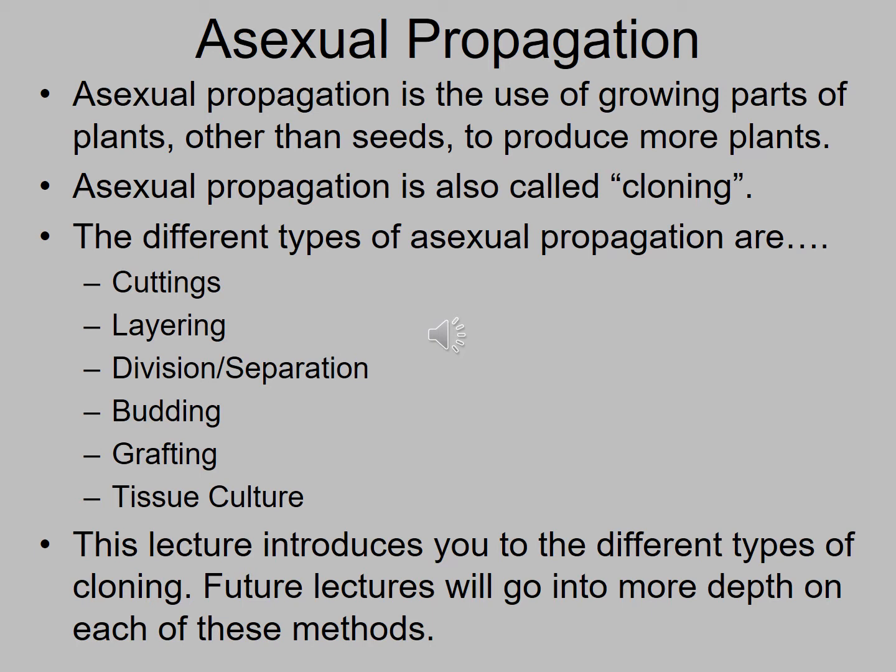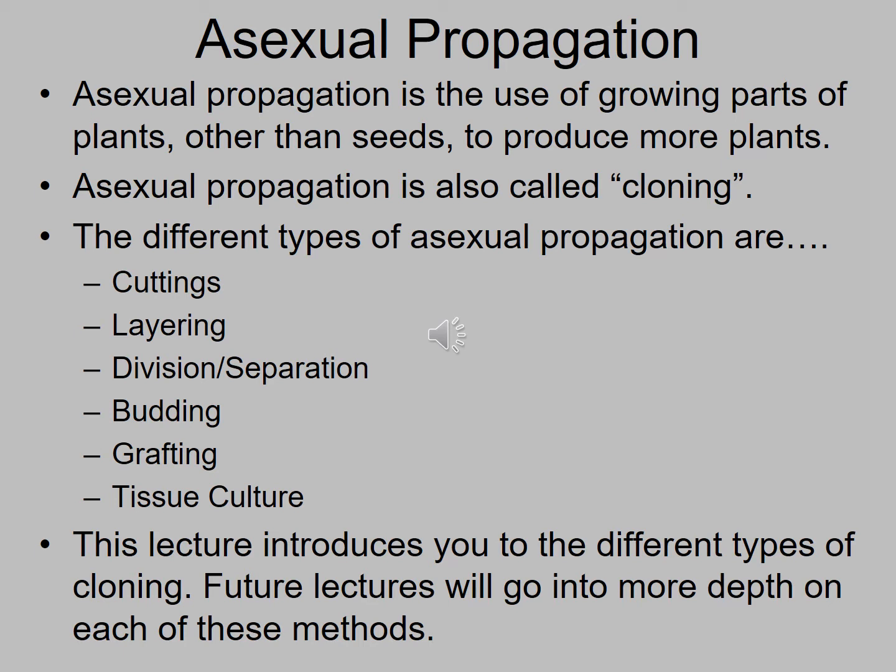So the different types of asexual propagation involve cuttings. That's the most common, taking cuttings of the stems, sometimes roots, sometimes leaves, but mostly stems. Take a cutting of a youngish to semi-young branch, cut it off, put some rooting hormone on it, put it in some media, some potting-like soil, and give it some bottom heat, and after a few weeks little roots will form off of what was once a stem tissue of a plant.